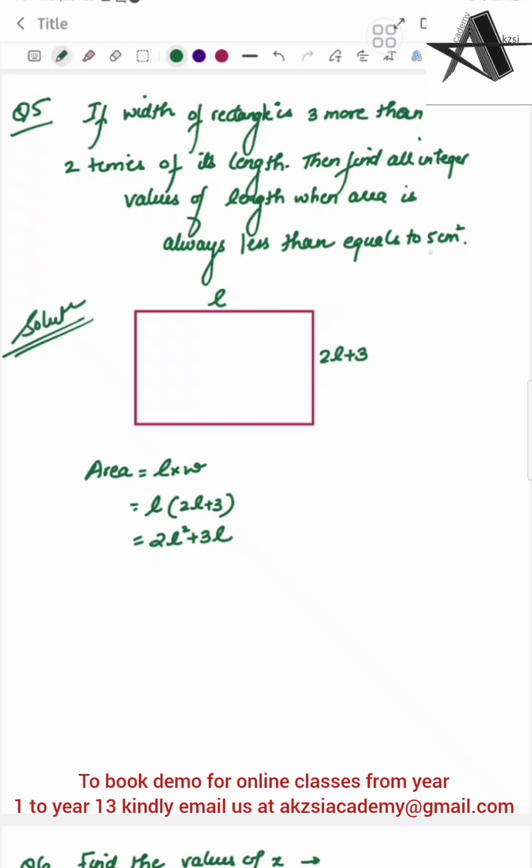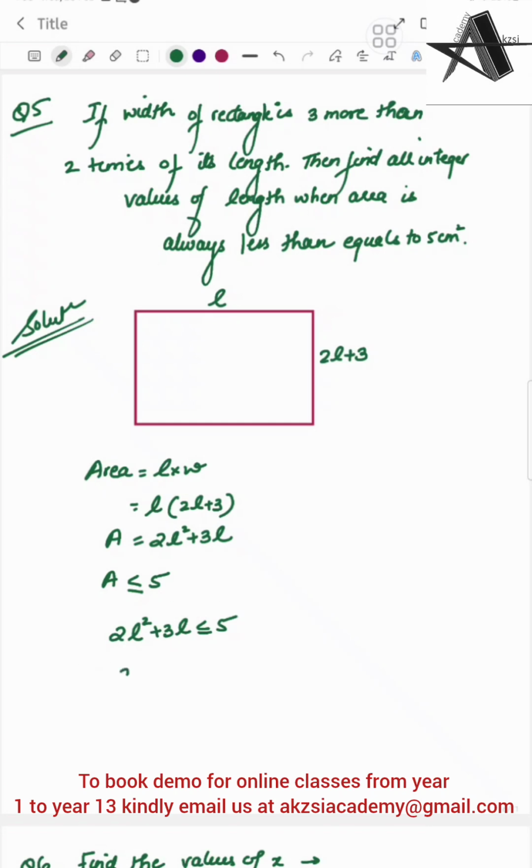And they said our second condition is that area should be less than or equal to 5. Since area is also equal to 2L squared plus 3L, I can substitute it in place of A. So 2L squared plus 3L less than or equal to 5.